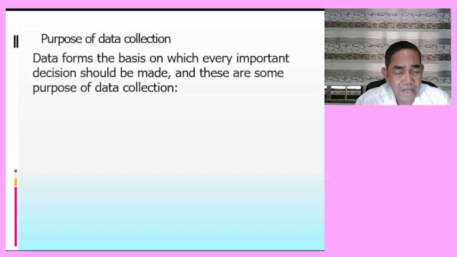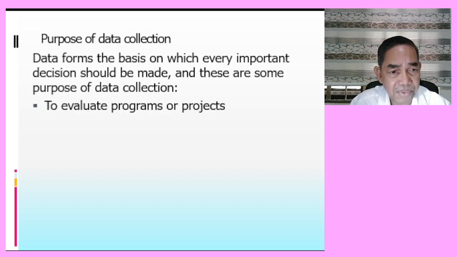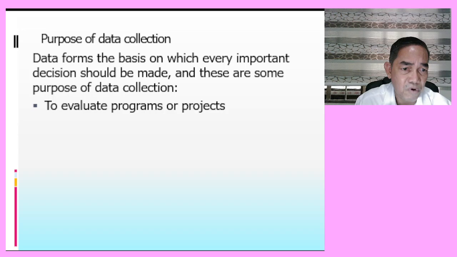Okay, let's talk of the purpose of data collection. You see, data forms the basis on which every important decision should be made. And these are some of the purposes of data collection: to evaluate programs or projects. So we need to collect data.